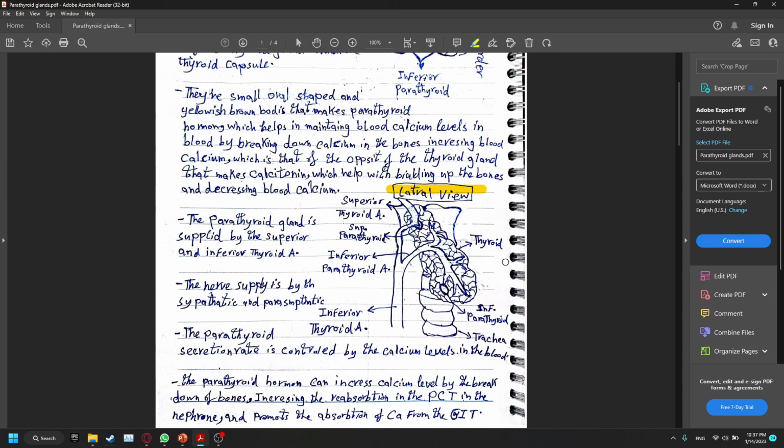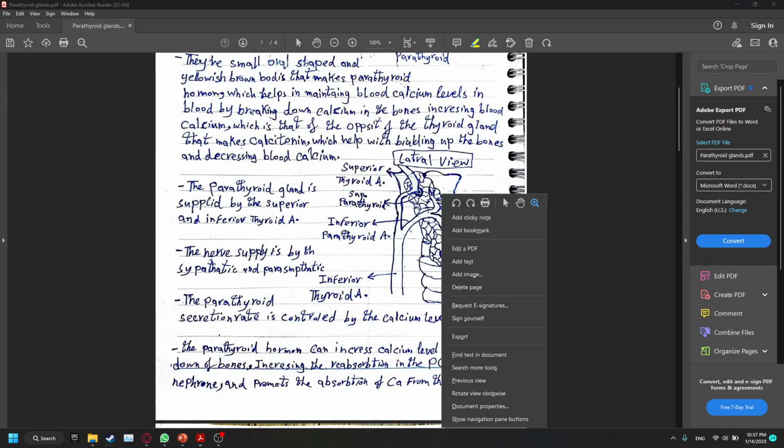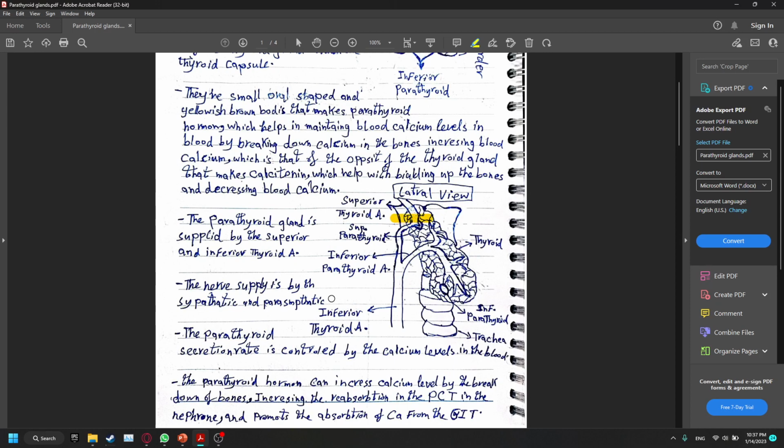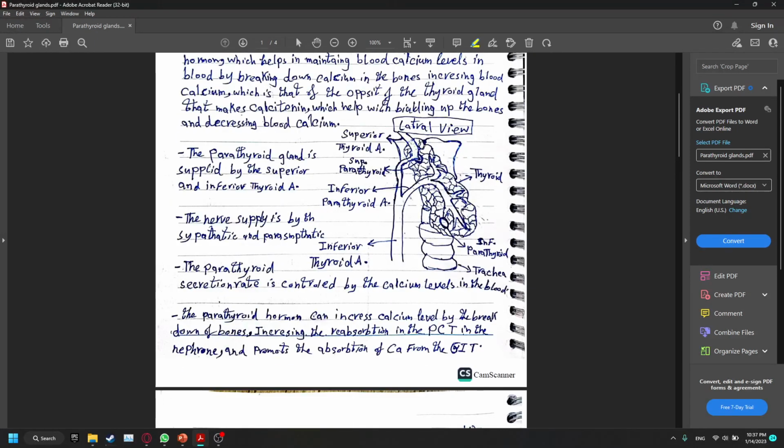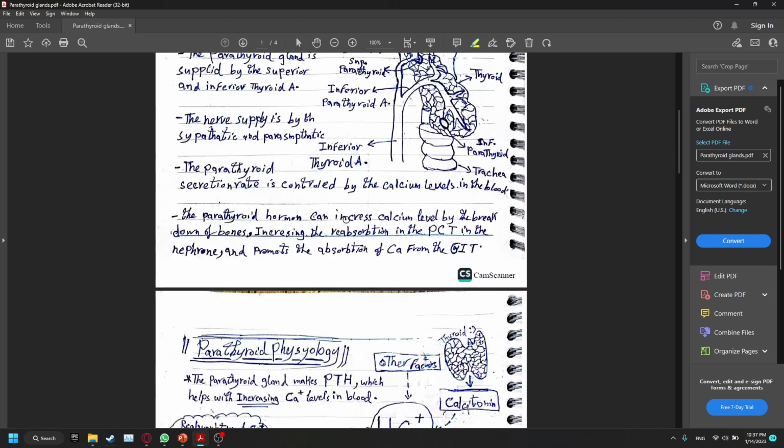Obviously, this is a lateral view here, in case you're confused a little bit. Basically, superior side, inferior side. Superior is given rise by the superior thyroid artery. The inferior parathyroid artery comes from the inferior thyroid artery. Simple as that. Obviously, this is the trachea here and the pharynx.